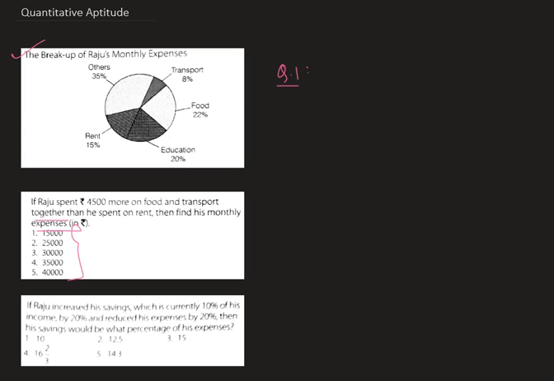Answer of this first question: percentage of his expenditure spent on rent is equals to 15%.